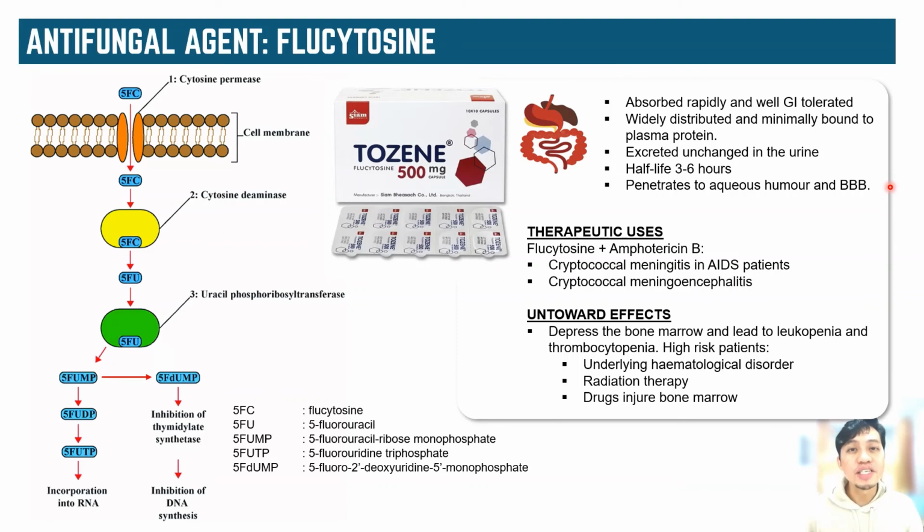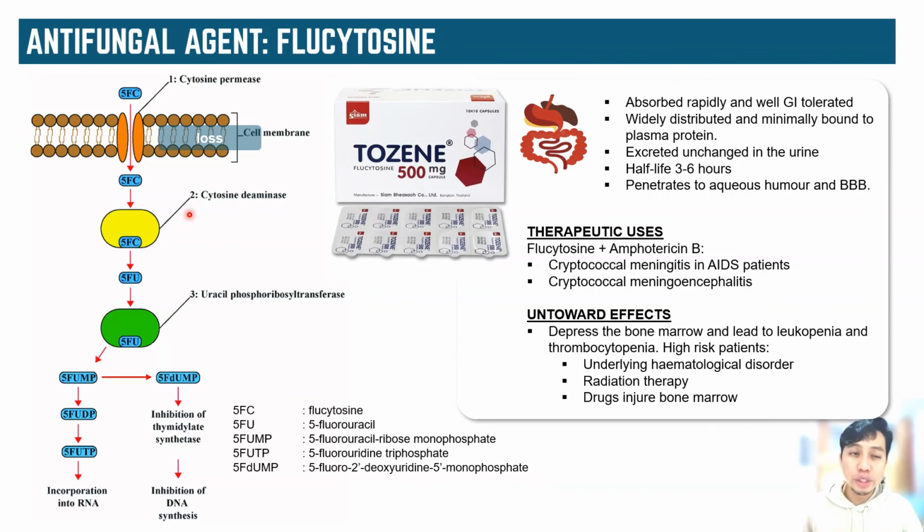Because of this, the drug is usually combined with amphotericin B to treat cryptococcal meningitis in patients, as well as cryptococcal meningoencephalitis. However, fungal resistance can occur due to loss of cytosine permease in the cell membrane. This cytosine permease is important to transport flucytosine into the cells.